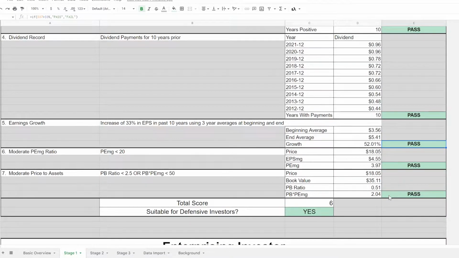And the moderate price to assets, the price to book ratio is only 0.51, so it has a really good book value, so it passes that as well. In fact, according to this, the price is trading below the book value, so that would be a very interesting part of this as well. So overall, we have 6 points out of 7, so it is suitable for the defensive investor.